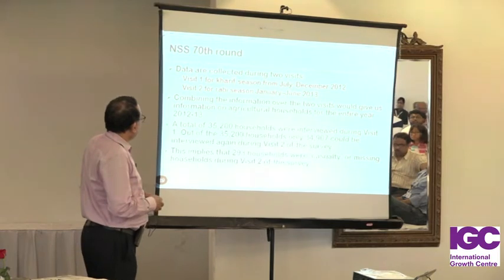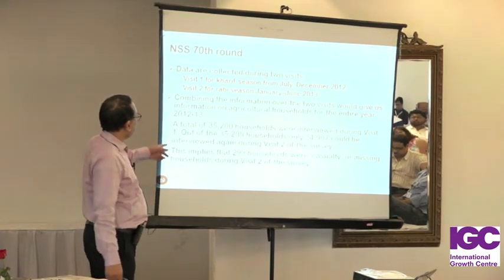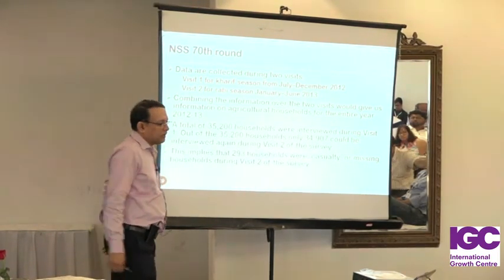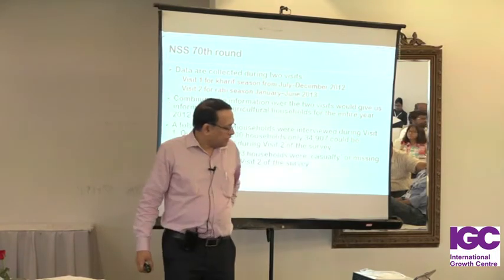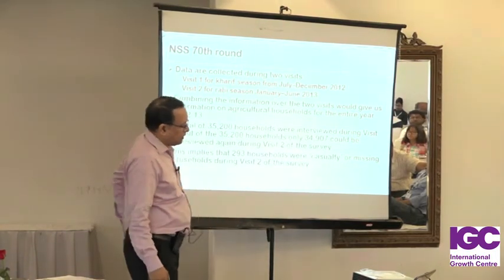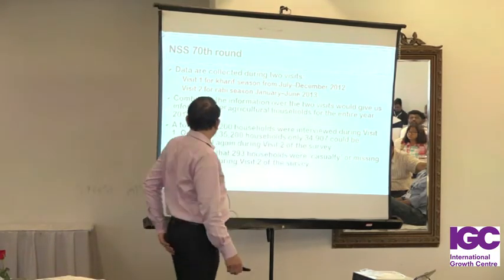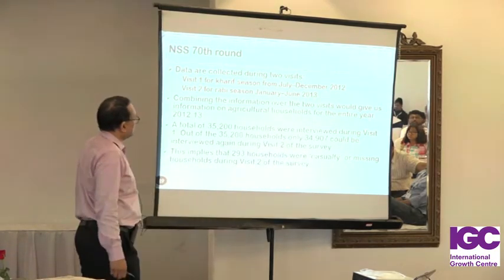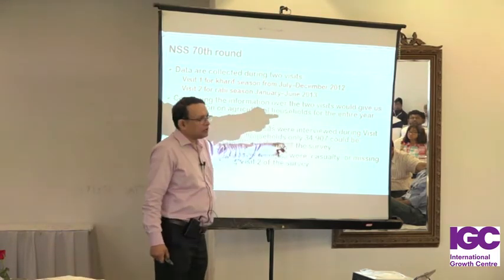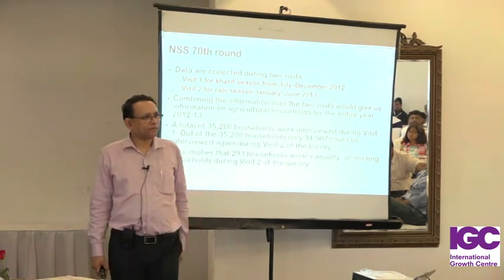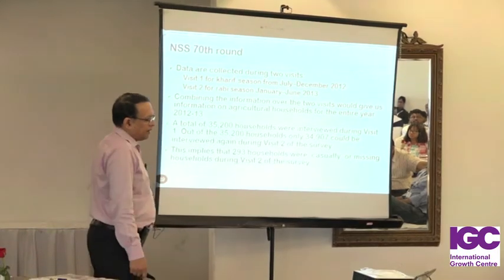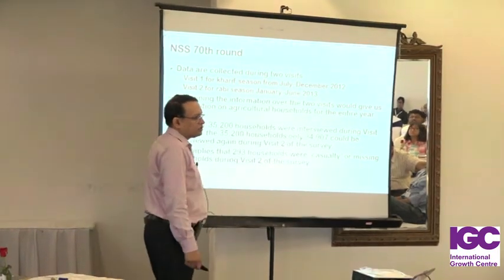There are about 35,200 households interviewed in visit 1. Out of them, 34,907 were interviewed in visit 2. So actually the dropout is not very high. It's less than 300 households.